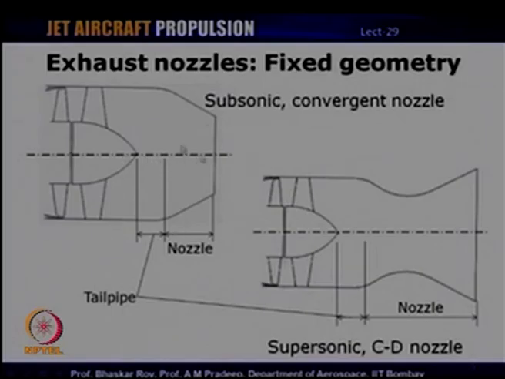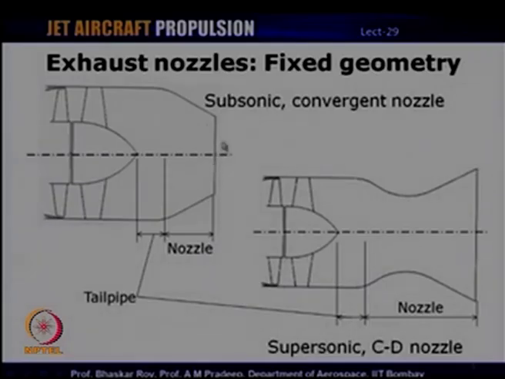As we move along the axis, we can see that the nozzle area is decreasing. This is a typical subsonic convergent nozzle, and as I mentioned already, it has a certain limitation, especially if we have to have supersonic flight, supersonic Mach numbers. Such types of nozzles will not suffice.